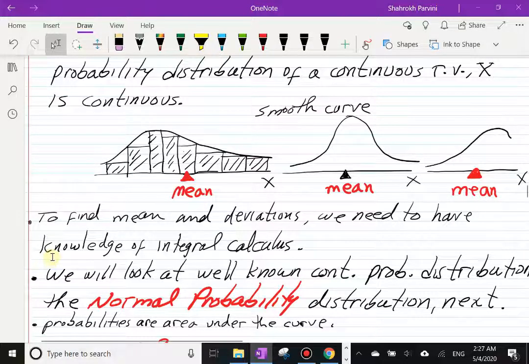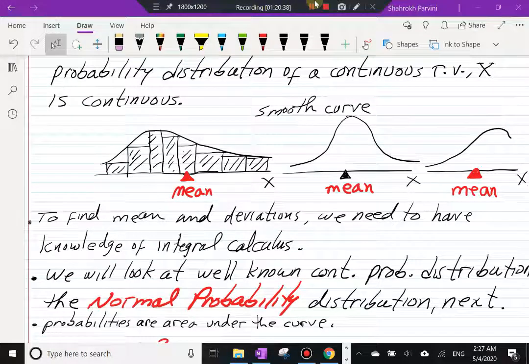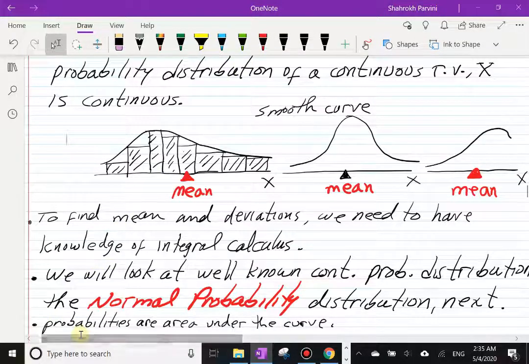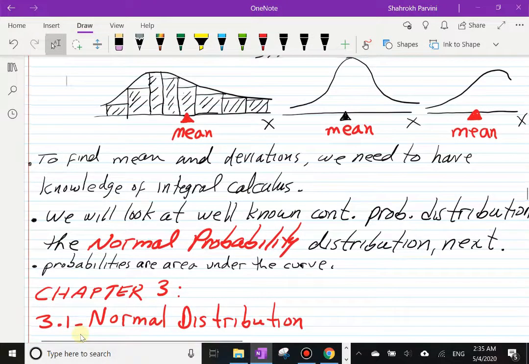That's the focus of our continuous probability distributions for now. Now, the important thing is that probabilities are areas under the curve. So again, probabilities are areas under the curve for any continuous probability distribution. That means if I need to find probabilities, I should be able to find the area under the curve. So keep that in mind as we go through.